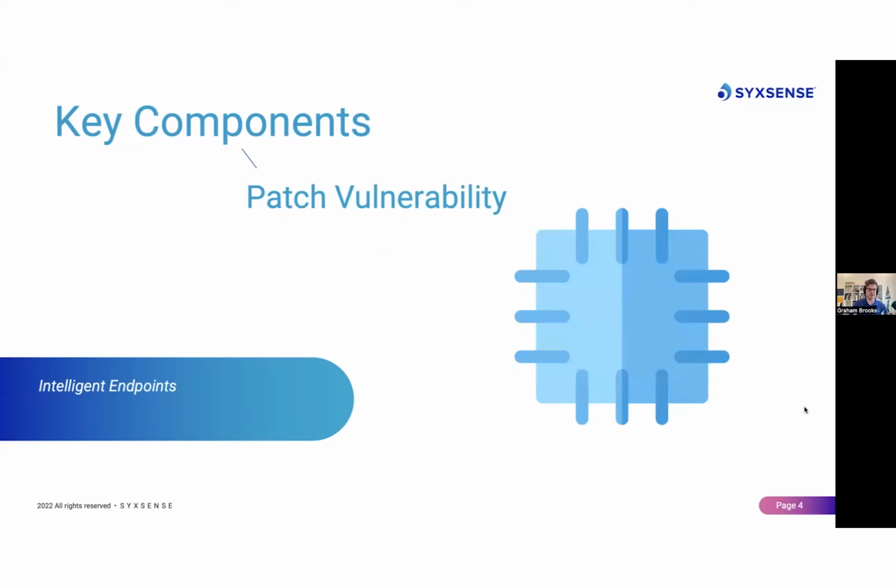Patch vulnerabilities are basically about looking at a software package and saying, Google Chrome, you were found to have an exploit available last week. This week, Google released an update that changes your version from, I don't know, 107.2 to 107.25.